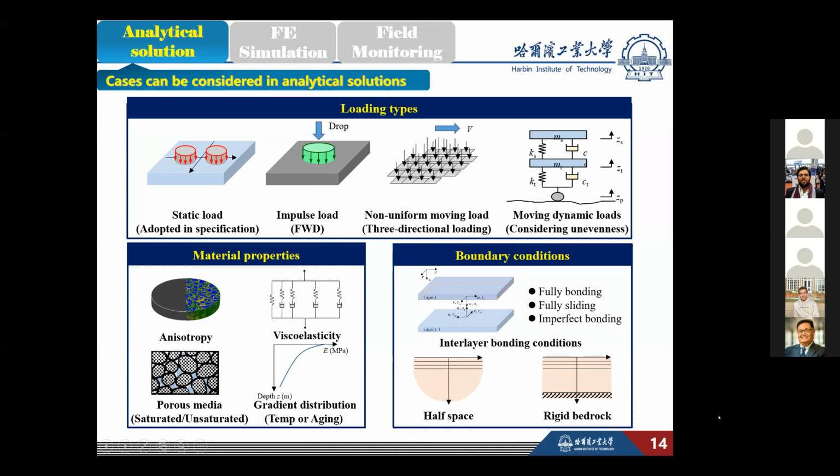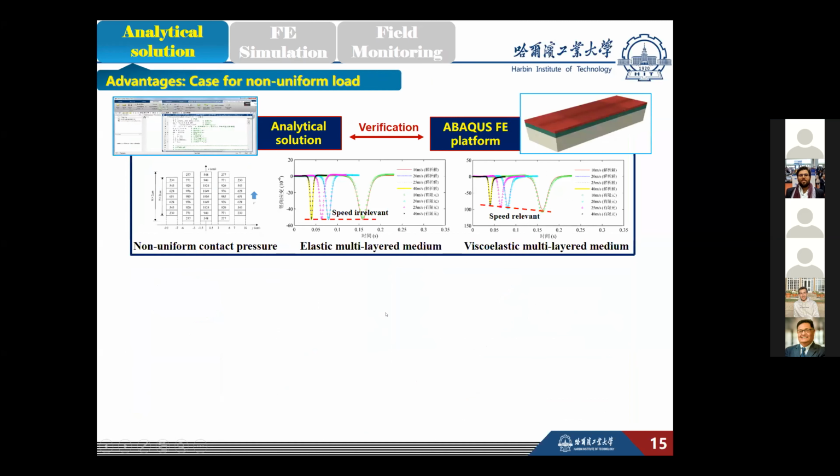For the boundary condition, full bonding, full sliding, or imperfect bonding could be taken into account with the use of the Goodman model.